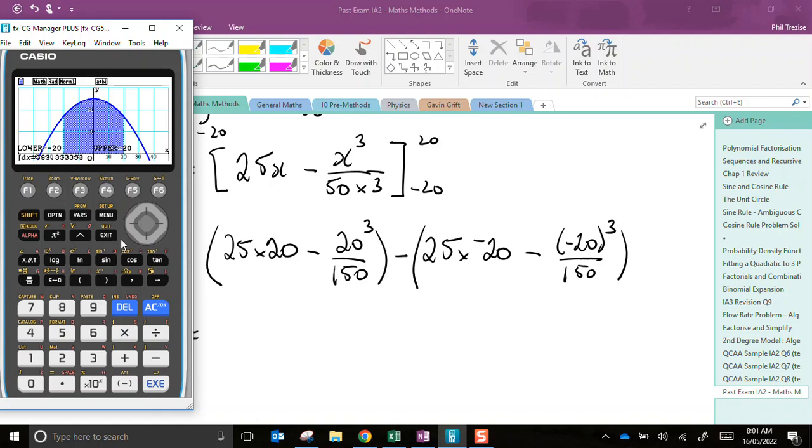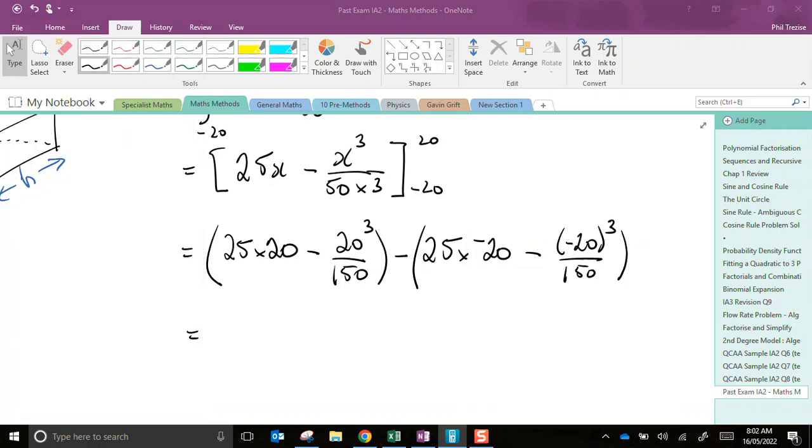Let's try that again, but this time I'll move the graph upwards a bit so I can see. Integral from negative 20 to 20. That's clearer. It's 893.3 recurring. So that's the answer. If I did that big calculation, that's what I would get. Much quicker just to use that little integral function on my graphing app.